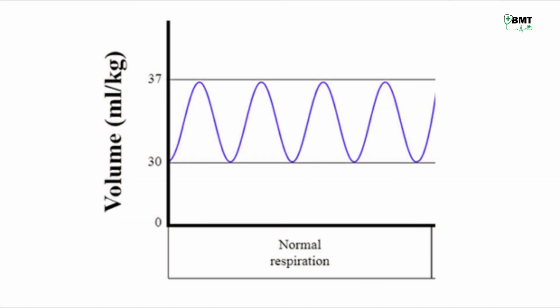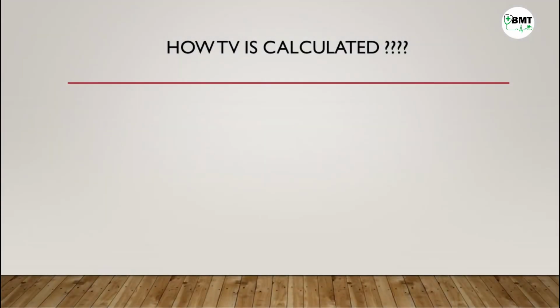Let us see how tidal volume is calculated. Basically, tidal volume is the amount of air going in and out of the lungs in one breath, that is the inspiratory as well as expiratory cycle in one breath. Tidal volume can be calculated by the patient's body weight multiplied by 6 to 8 mL.